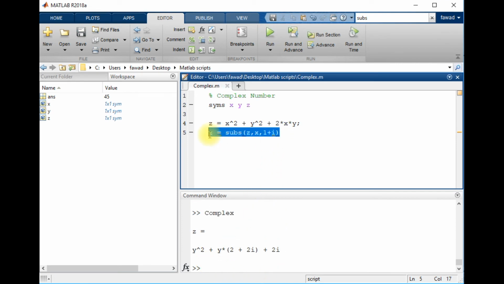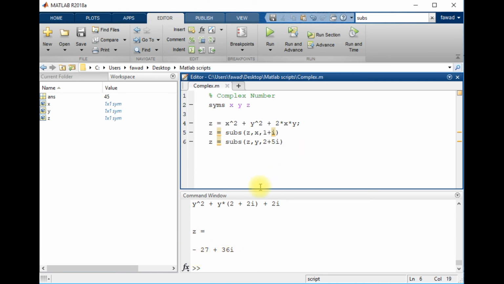After this, I am going to substitute the value of y within the expression z, and I'm going to substitute 2 plus 5 iota, and I get the result z is equal to minus 27 plus 36 iota.